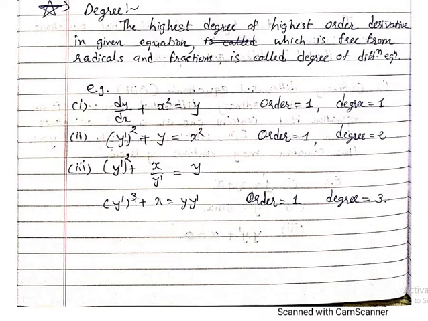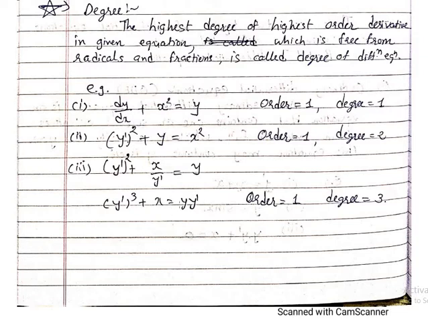So you will have y dash whole cube plus x is equal to y into y dash. See here, you have two terms of derivative, y dash as well as y dash cube, but the highest power of y dash is 3, therefore the degree of the equation is 3. And the order is 1 because you have only the first order derivative.